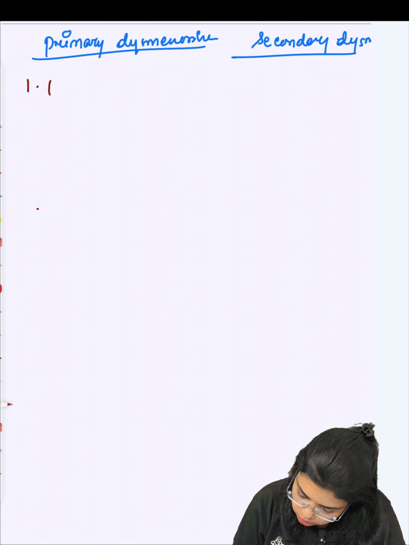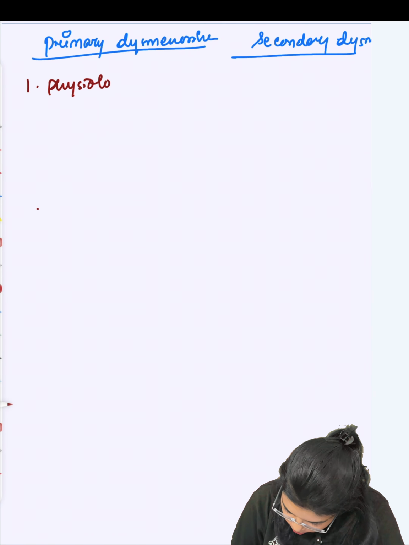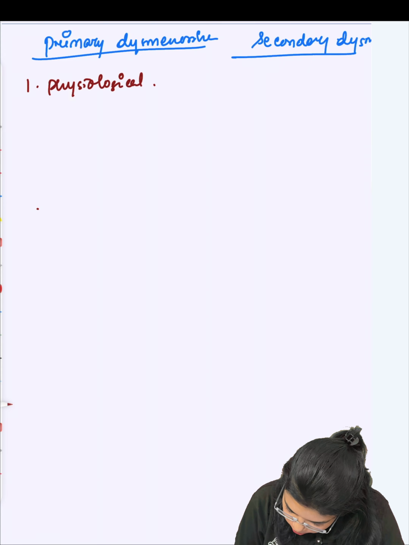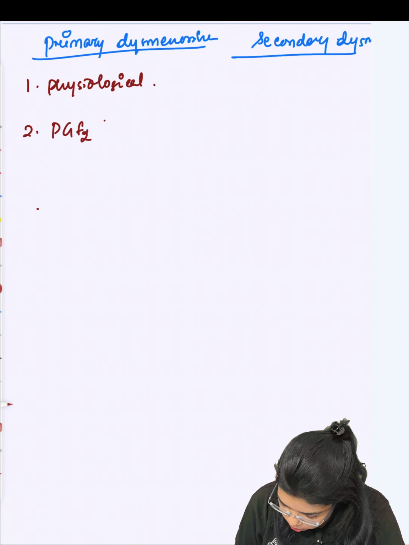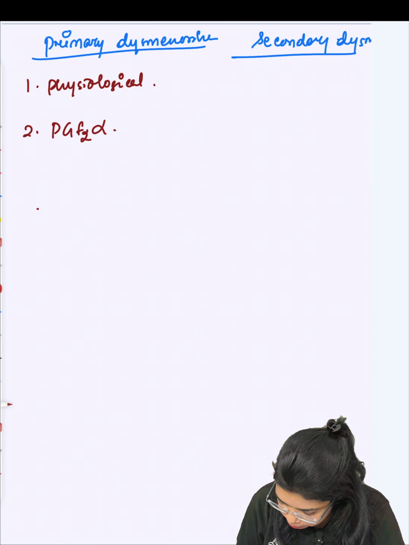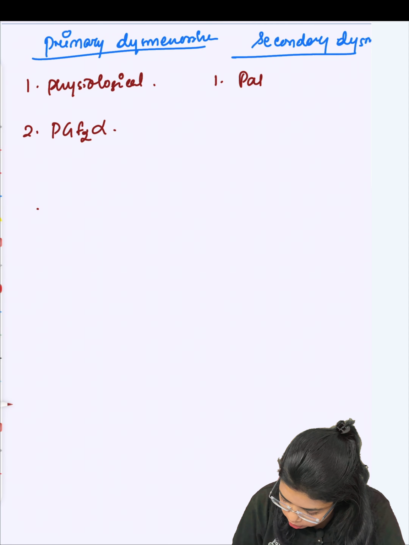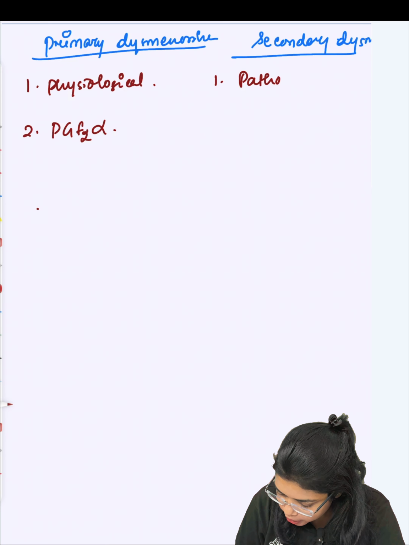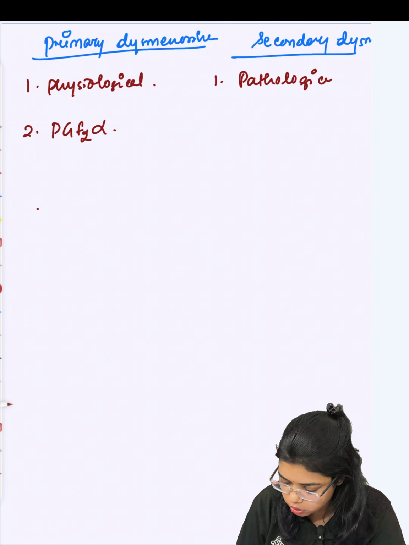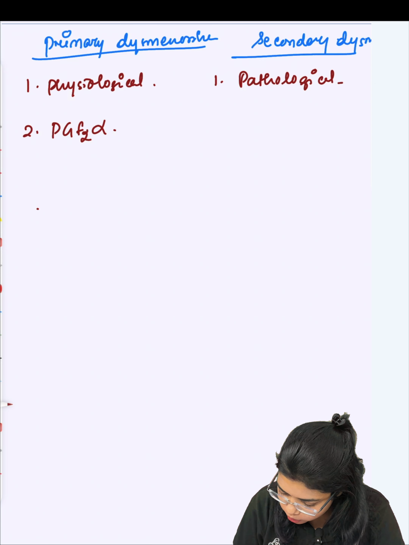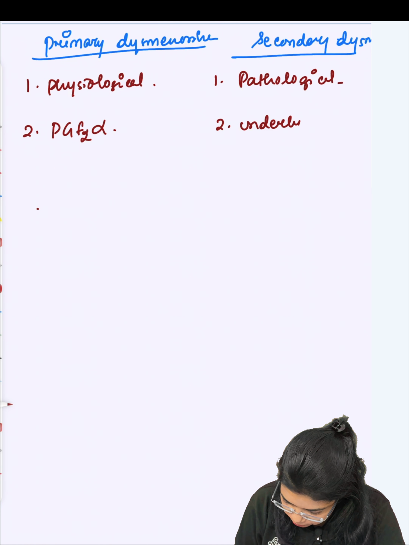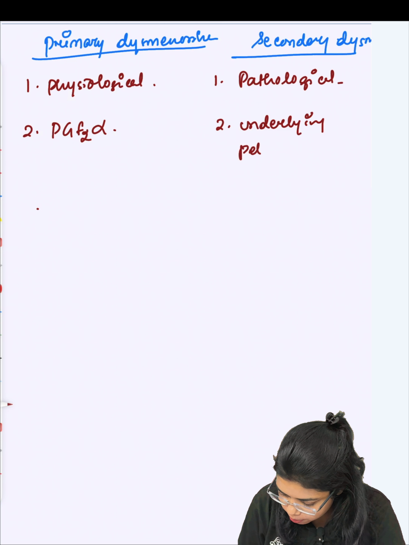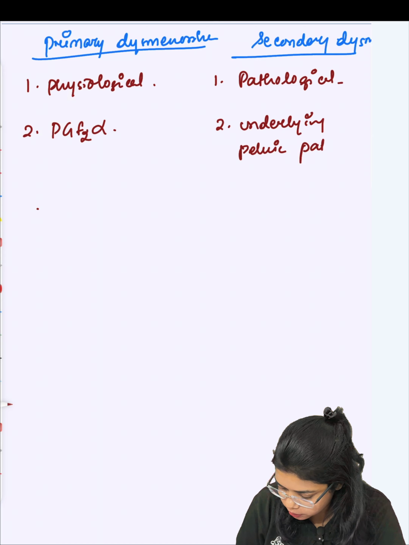Primary occurs when it is physiological and due to PGF2 alpha, and secondary is pathological, occurring due to any underlying pelvic pathologies.